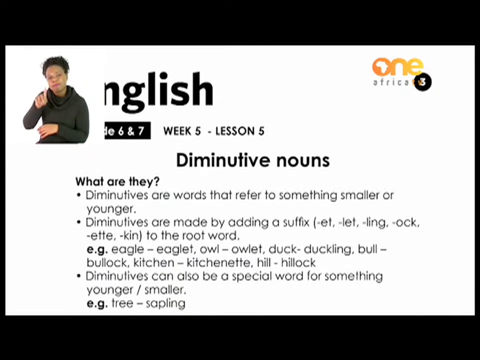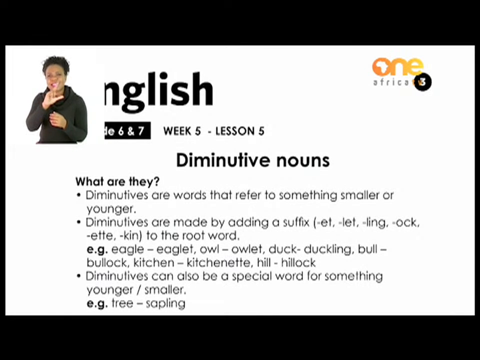Right, diminutives are made by adding a suffix, et, let, ling, ock, ette, and kin to the root word. Now, we are saying these suffixes are added to root words, e.g., a root word like eagle.